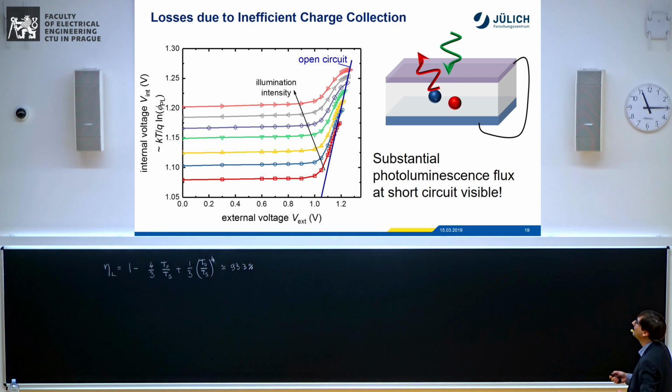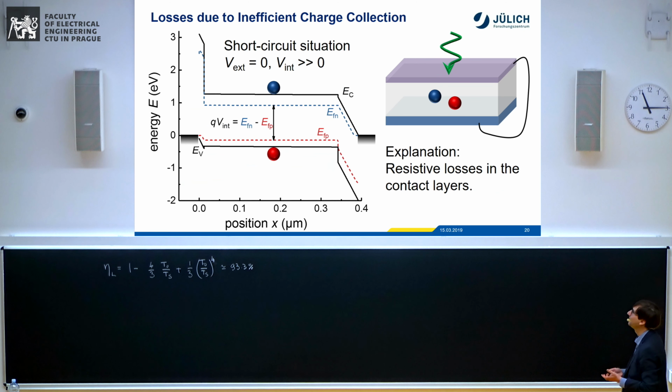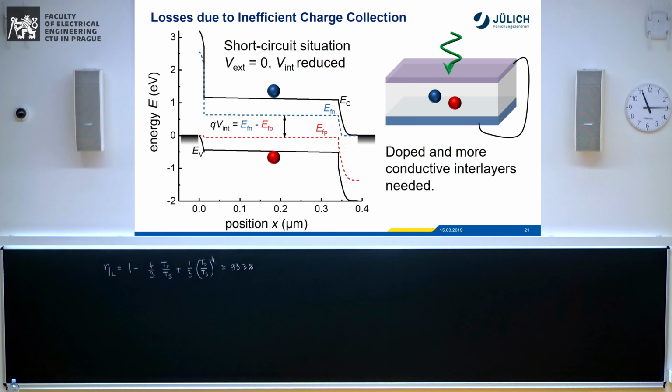And when you do that, you get quite a lot of luminescence at relatively low voltages. And this luminescence is on the order of, say, 5% of the luminescence you have at open circuit. And that means that your quasi-Fermi level splitting must be really high at short circuit. And I don't know why, or I think it's not good that it's that high. It should be lower. So I think it should be more like this.